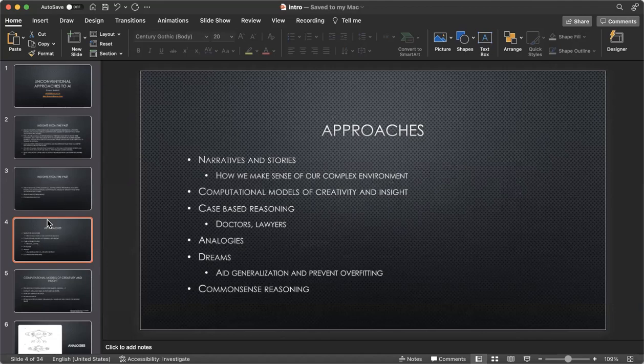We'll look at case-based reasoning, which is how humans reason. We will look at analogies, again, something that humans use a lot to reason about our complex world. We'll also look at dreams and what function they serve in the biological brains, and again, common sense reasoning, which is commonly used by humans.